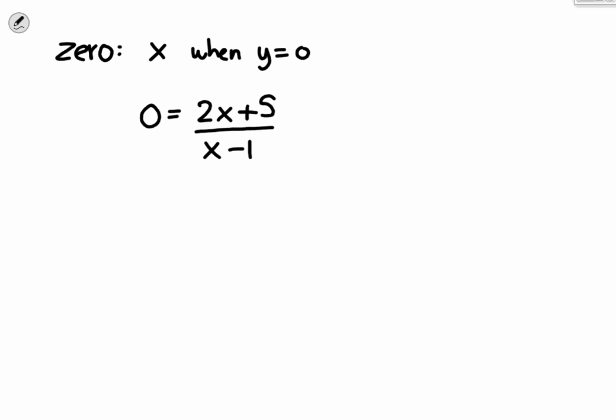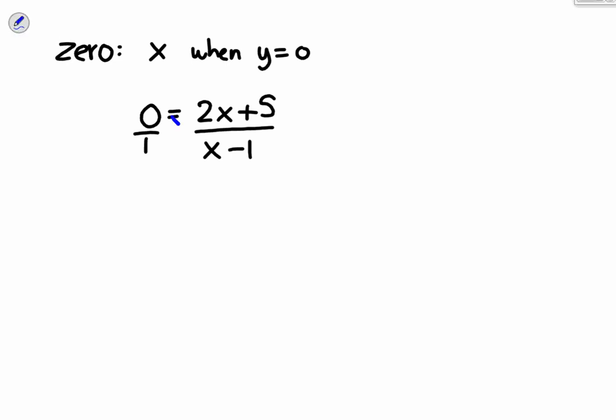The 0 is the value of x when y is equal to 0. I'm going to start with my initial expression, 2x plus 5 over x minus 1. I'm using this one because it was the original expression, so that way, if I made a mistake in my conversion, I can make sure I'm starting with the right thing. So this is 0 over 1.